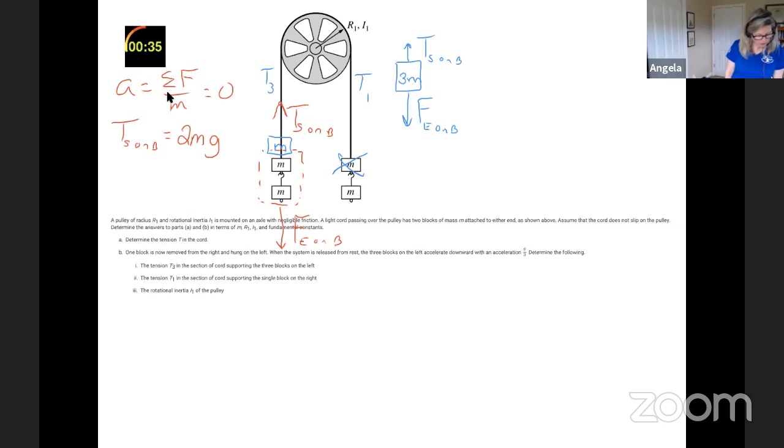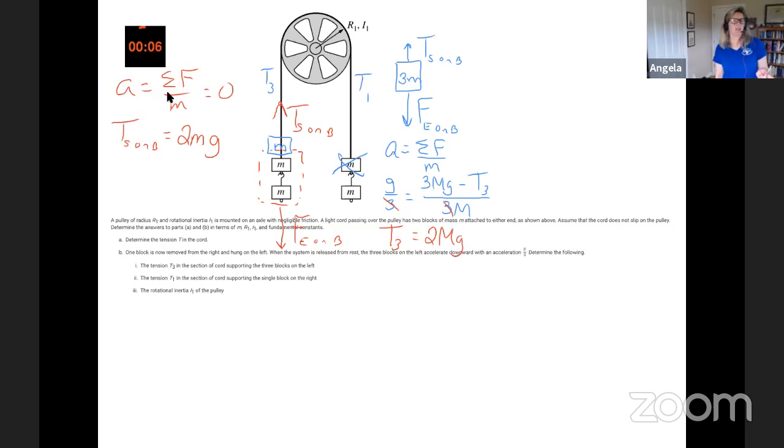So acceleration is sum of forces over mass, and it's g over 3. That would be 3mg minus T3 over 3m. Okay, so I can cancel these 3's. We're looking for T3. So T3 is 3mg minus mg, which is 2mg.